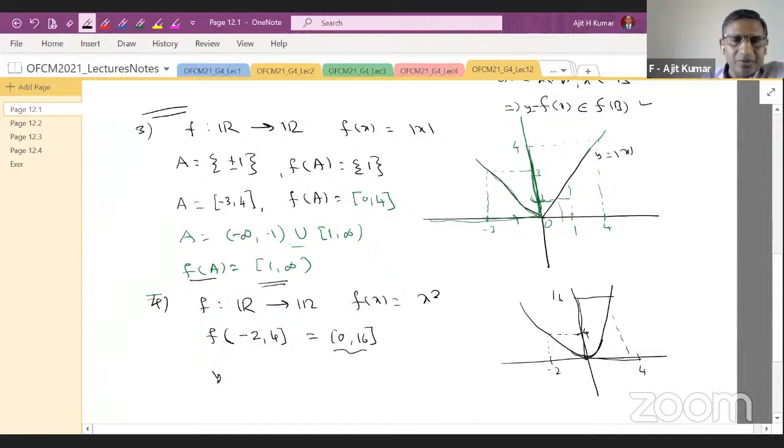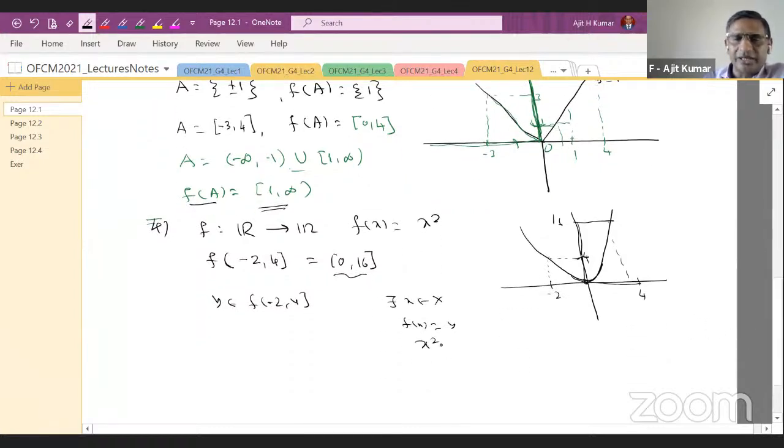show this? So if I take any y in f of [-2, 4], we want to check that there exists some x in X such that f of x is equal to y. But what is f of x? This means x square. x square should be equal to y. Now, if I take any element in this set, what are the x whose square lies between 0 to 16?